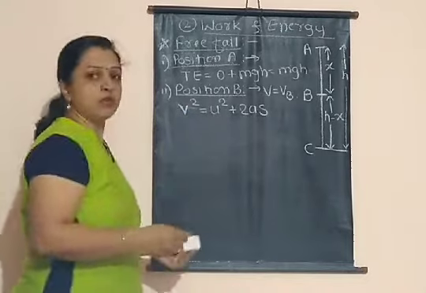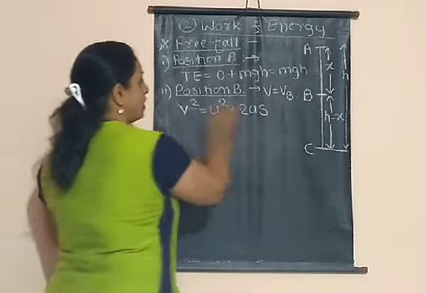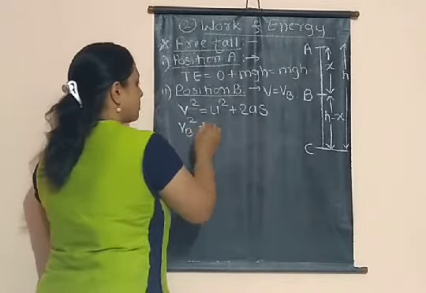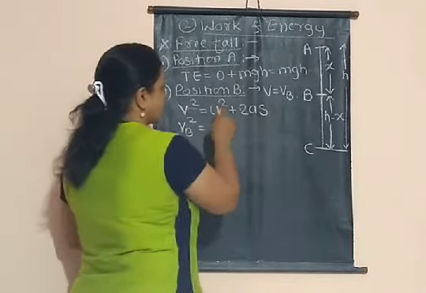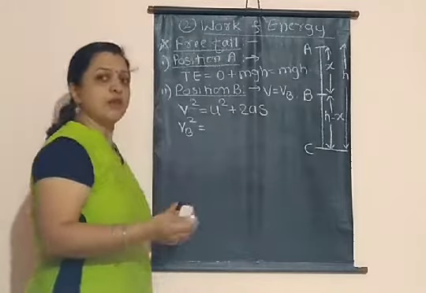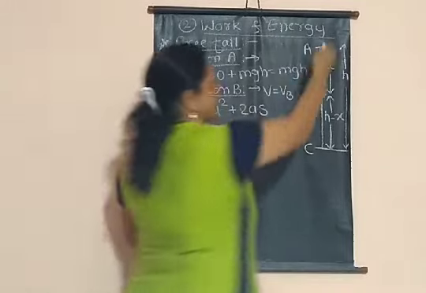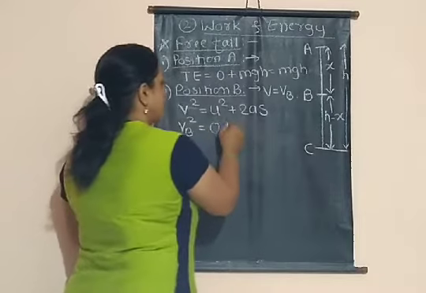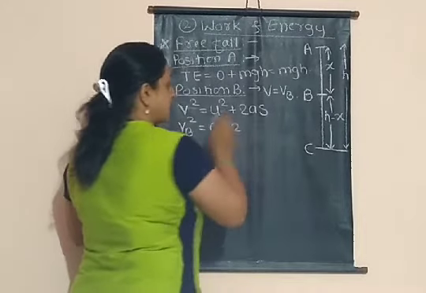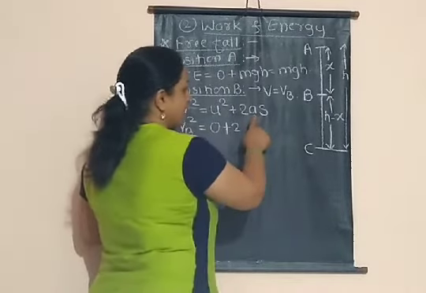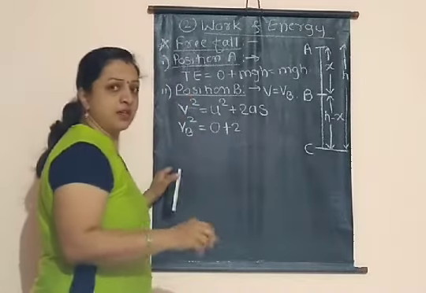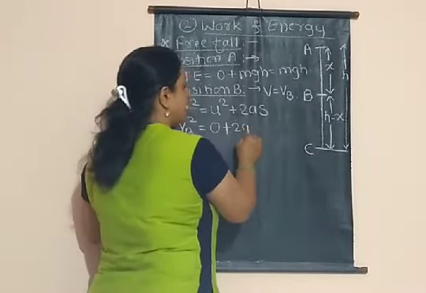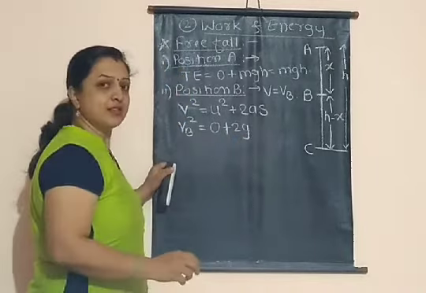And in this formula, what is the value of V? That is Vb. So Vb square is equal to u square. Now what is the initial velocity? Initially the object is at rest, so the initial velocity will be 0, plus 2as. Now the object is moving under the influence of gravitational force, so we take gravitational acceleration, that means g.